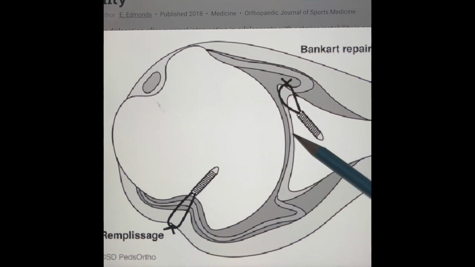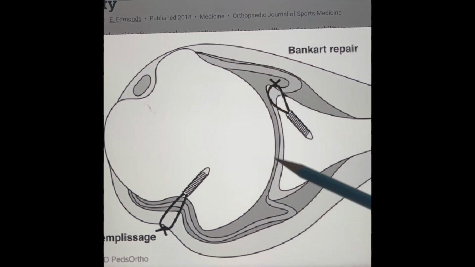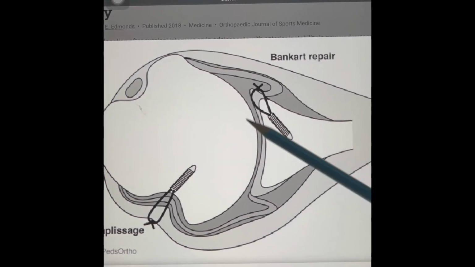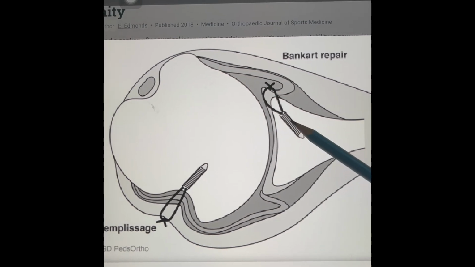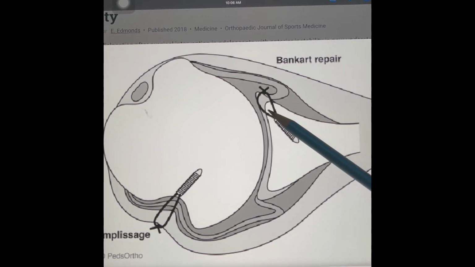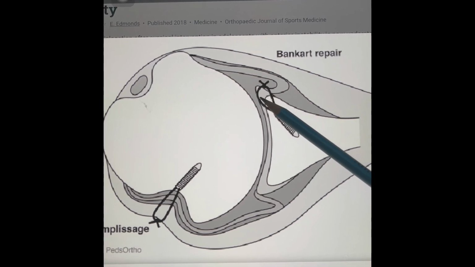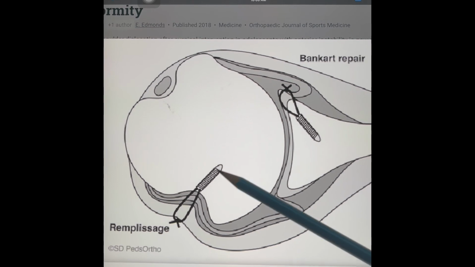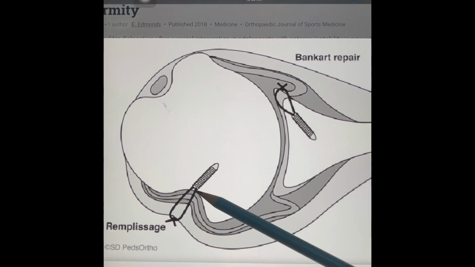This is another slide, which is presenting the glenoid and the humeral head. This is a suture anchor, and it is again for the repair of the labrum to the glenoid, while this is another which is demonstrating the remplissage procedure.